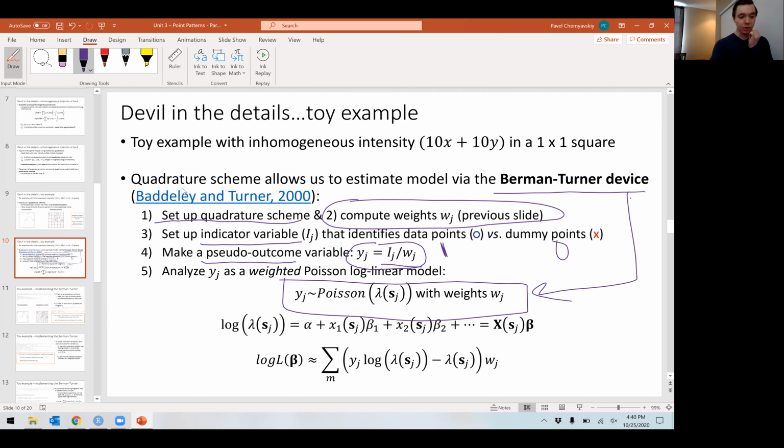Once you set up a y variable like this, you can analyze it using any software that allows you to do a weighted Poisson model. You want to use SAS? Use SAS. You want to use Stata? Use Stata. You want to use Excel? Use Excel. Might be a way to do it in Excel. Don't quote me on that. So this is just a Poisson regression model.